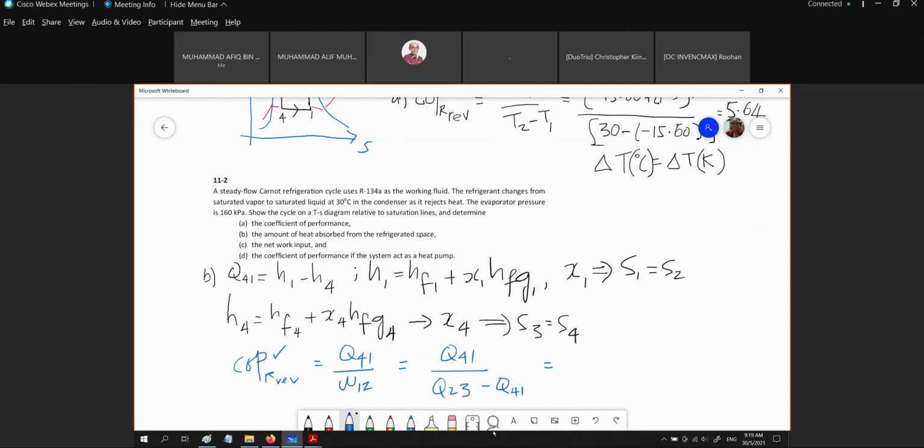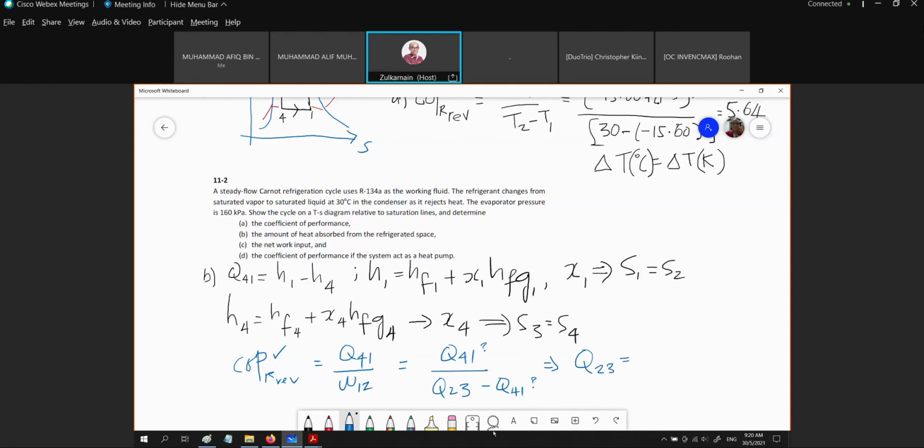We want to get the Q41. Then in this case, if you want to know what is Q41, we need to get the Q23. So what is Q23?